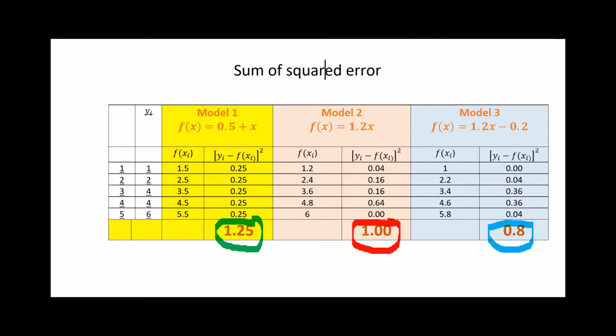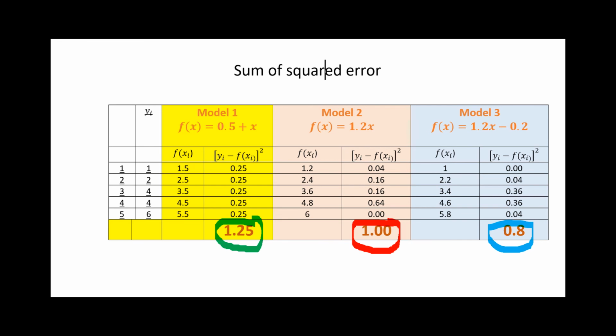In these three cases, we are trying to find the difference between the actual y_i value and the expected f of x_i, square it, and sum it up. When we compare these three values, the minimum is 0.8. The line with the minimum value will be the line of best fit.